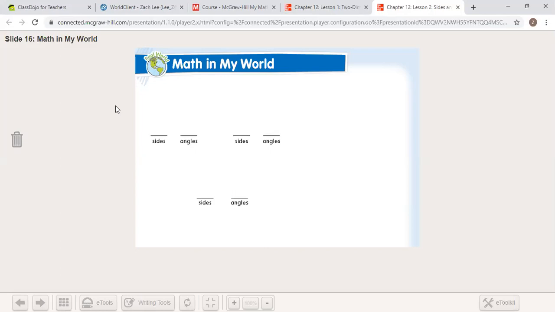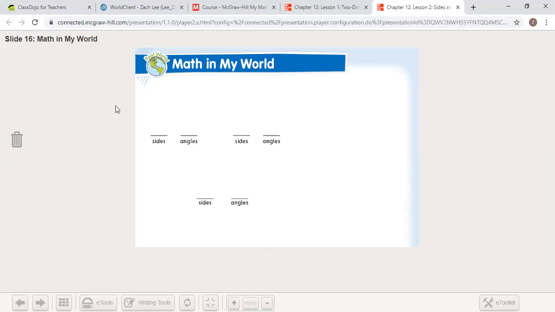Well, a hexagon has 6 sides, so it should have 6 angles. A triangle has 3 sides, so it should have 3 angles. Now, a square, a parallelogram, and a trapezoid all have the same number of sides and angles. They'll have 4 sides and 4 angles.